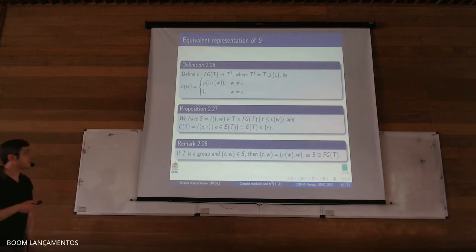Now we may show that the elements of this unitary cover are those pairs (t, W), but the condition is different here. The condition, which is equivalent but looks different, is the following: t is less than or equal to nu of W, with respect to the natural partial order in T. This is the condition which, at least to me, looks easier to work with.